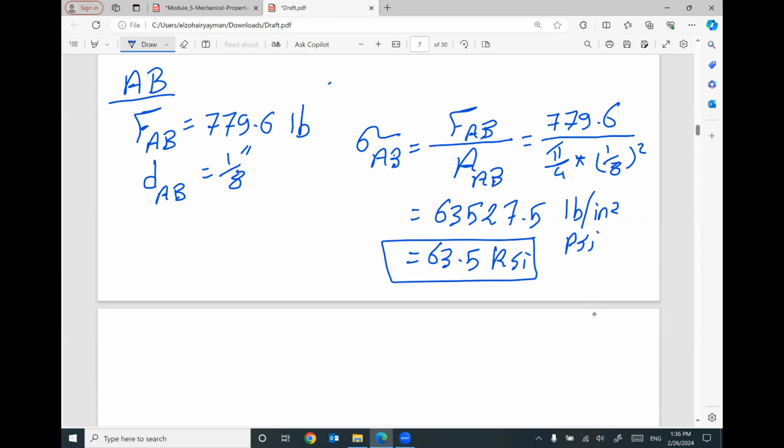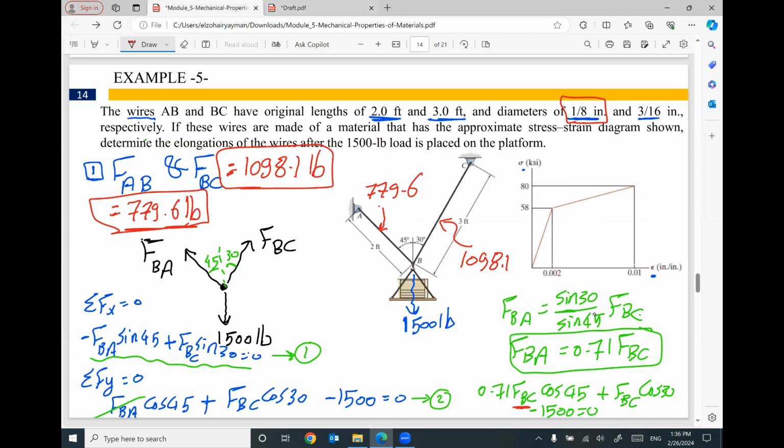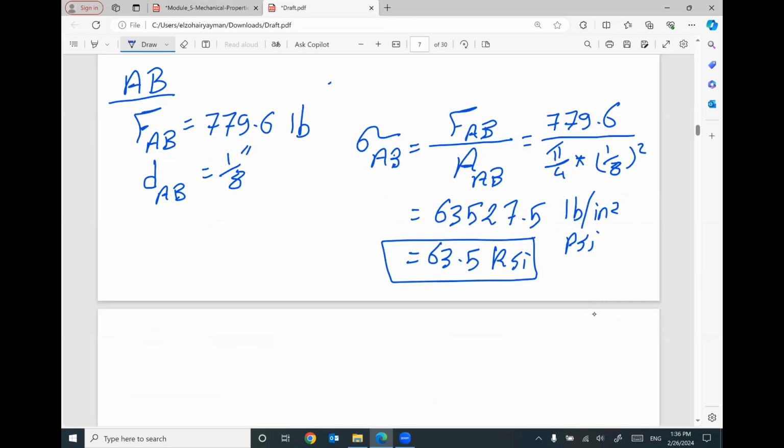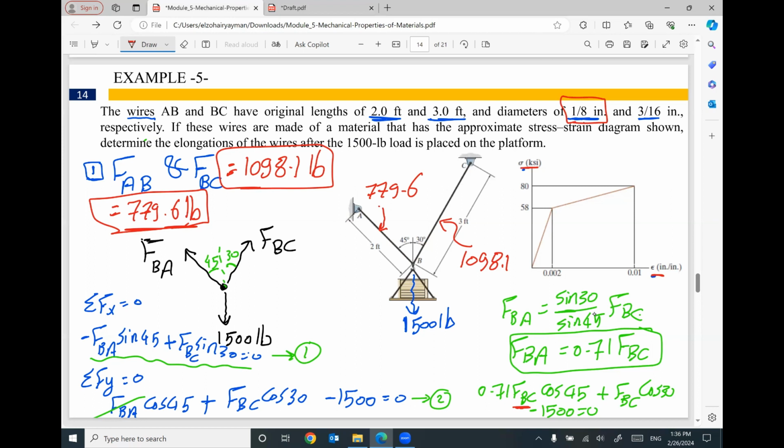That makes sense? So if you look at the stress-strain relationship given, for the stress equal to 63.5, I can go to the diagram or the relationship to figure out the corresponding strain.